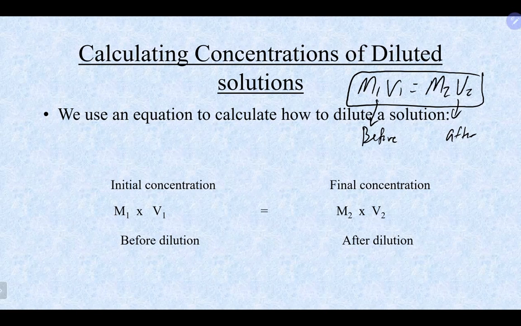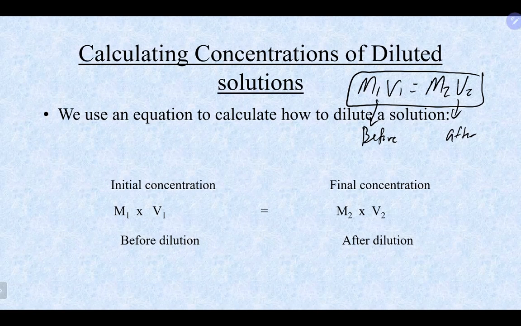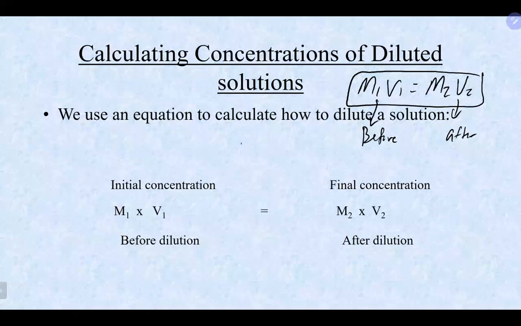Now, the other day we talked about how you should always use liters with molarity. But this is the one equation, the dilution equation, where if you do want to leave it in milliliters, it will work out okay. The reason for that is if we were solving for, say, V2, that would be M1 V1 over M2.